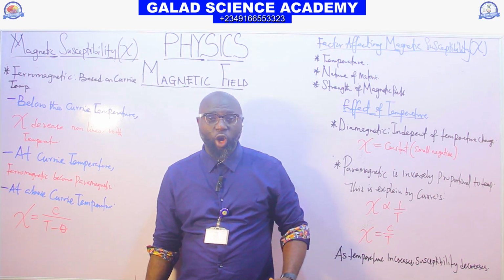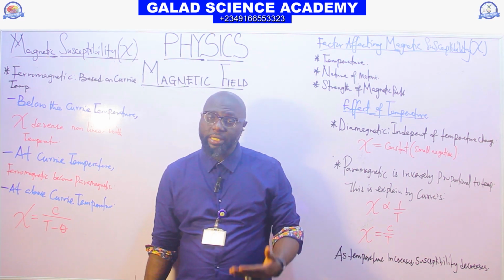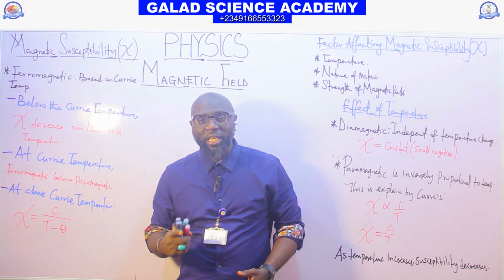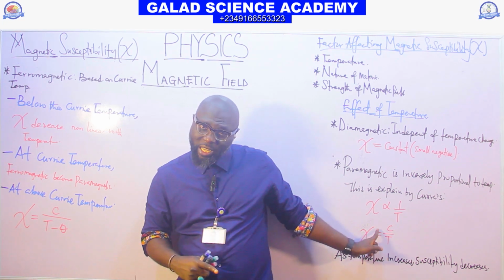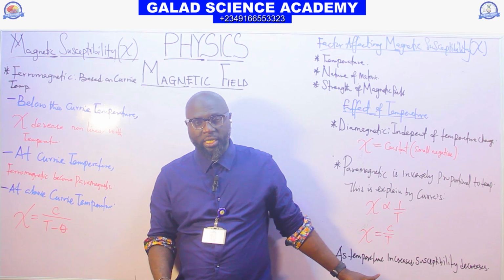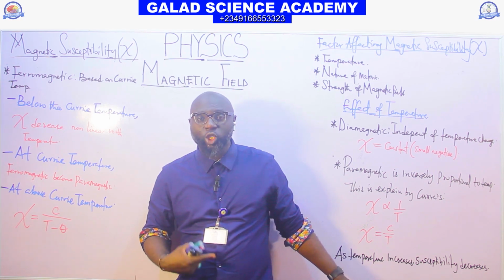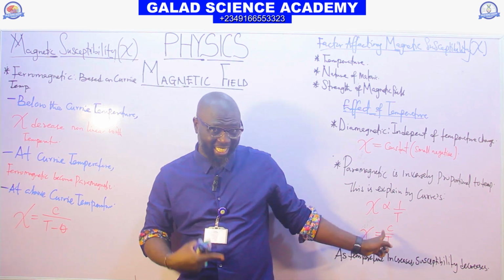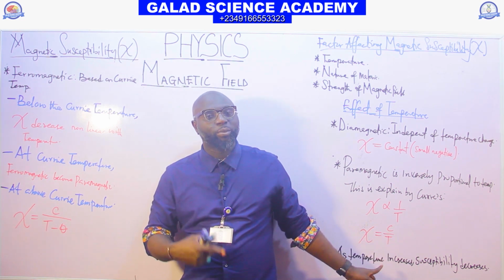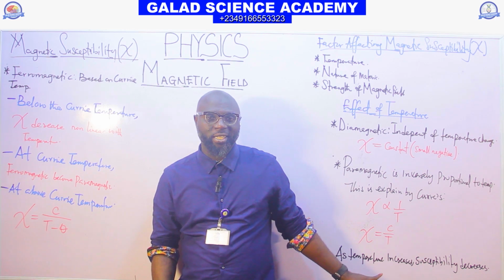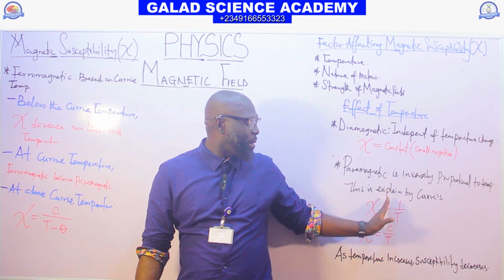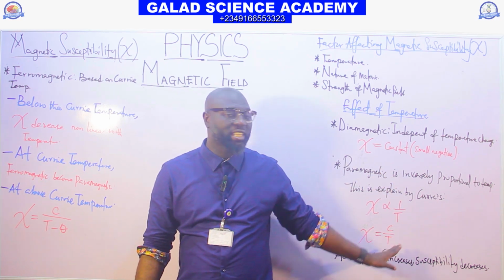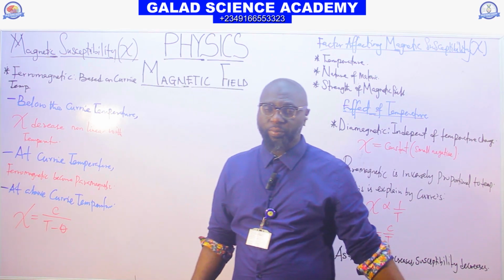When the temperature increases, the susceptibility of the paramagnetic material decreases. So the paramagnetic material is inversely proportional to temperature change.